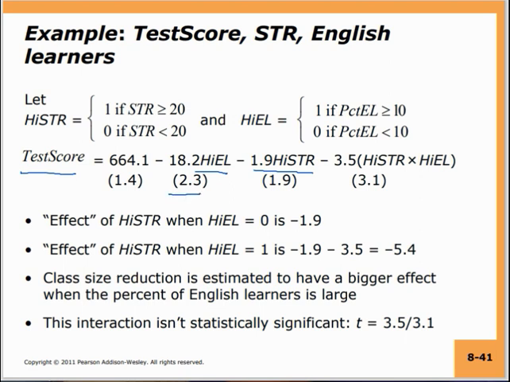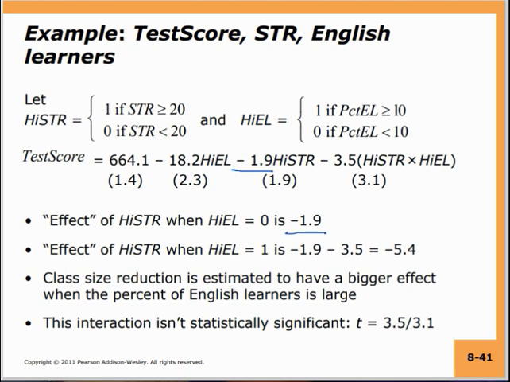Now the effect of high STR when HIEL equals 0: this term disappears, and this term also disappears. So if HIEL is equal to 0, the effect is just the effect of high STR on test score, which is minus 1.9, which is what is given here.